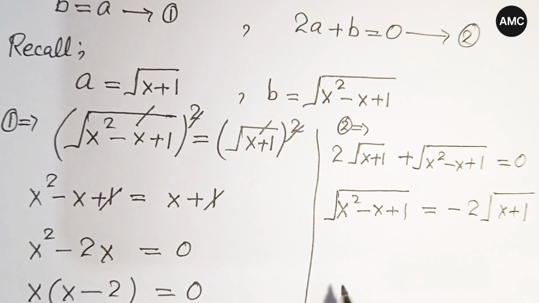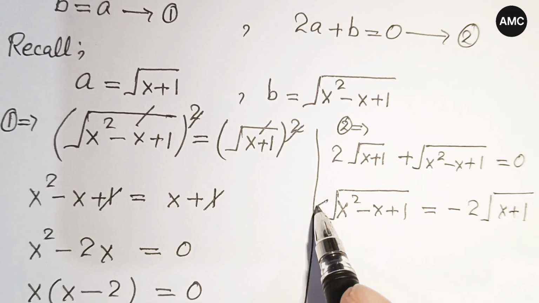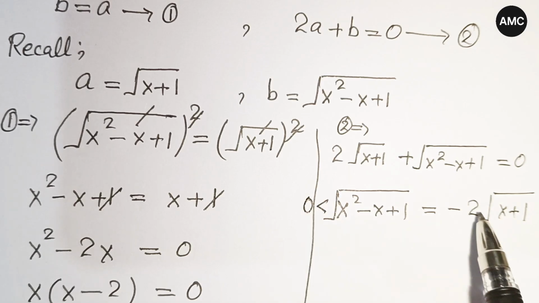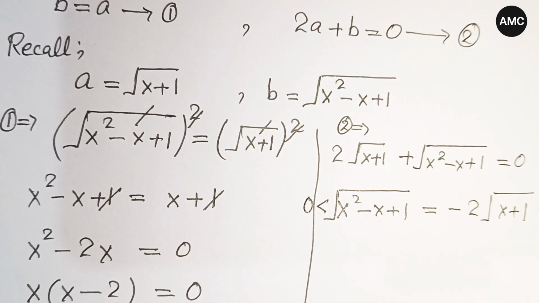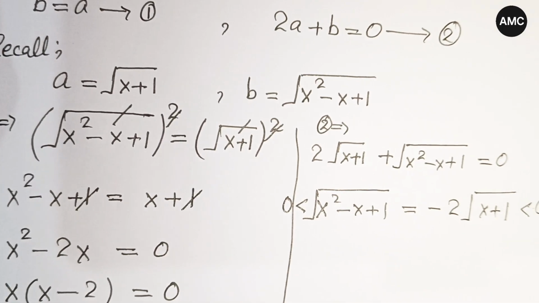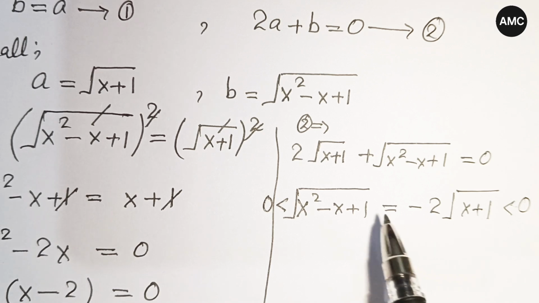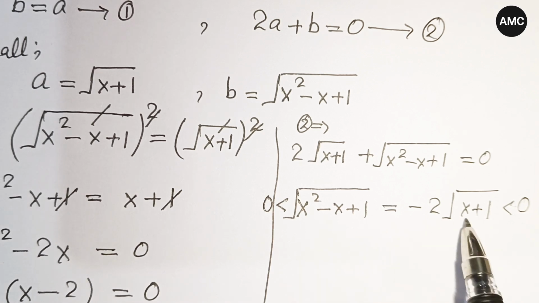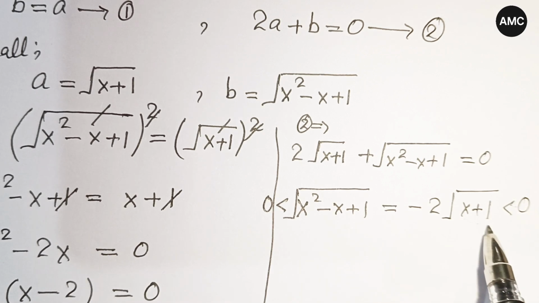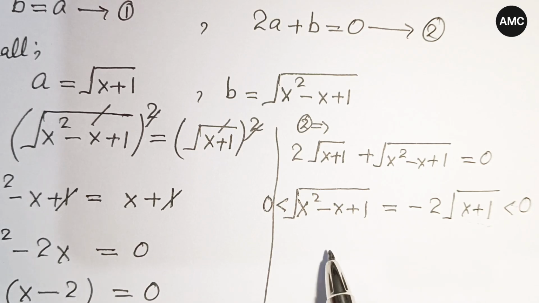Here this entire term, the left hand side, is greater than 0, and the right hand side is a negative number, so it is less than 0. So our left hand side is greater than 0 and right hand side is less than 0. So here we get no solution, it is not possible to have any solution from this equation.